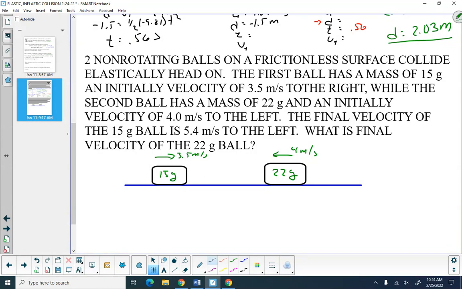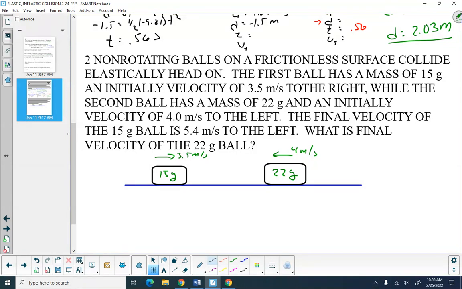So we have two objects in motion coming towards each other, and then they're going to bounce backwards the other direction. One has more mass than the other, and they're traveling at different speeds also.